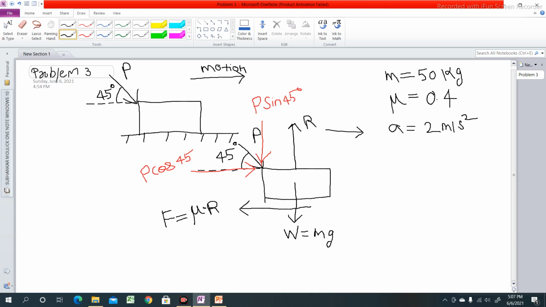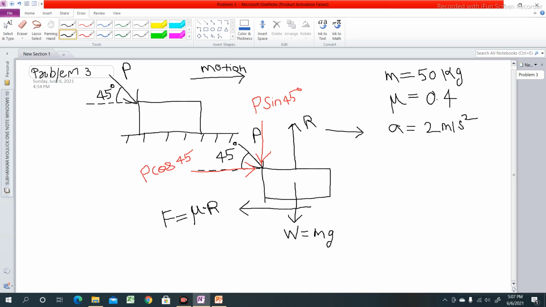Is my free body diagram complete? No, it is not complete. Why? Since the body is in motion, and if I need to keep this body in dynamic equilibrium, then I know that I need to use D'Alembert's principle.